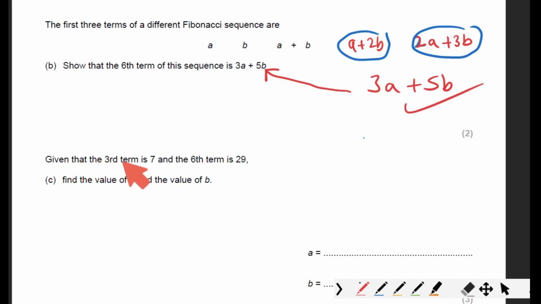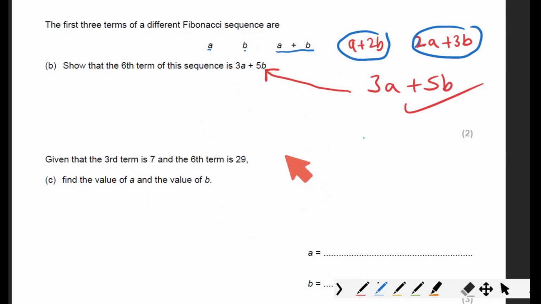Given that the third term is 7 and the sixth term is 29, find the value of a and the value of b. The third term, let's work with this one: first, second, third.